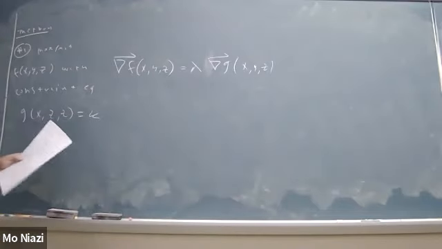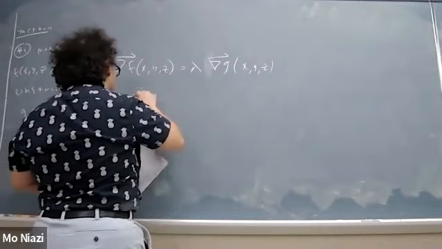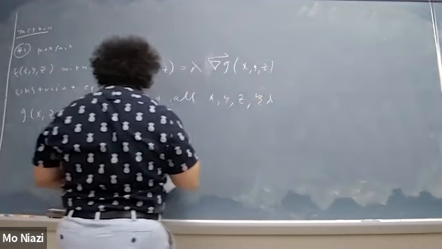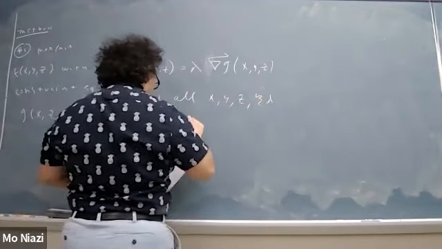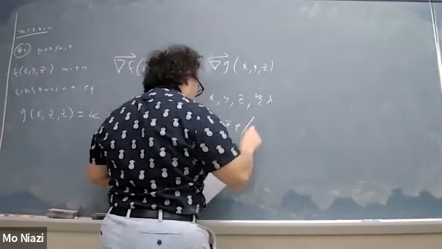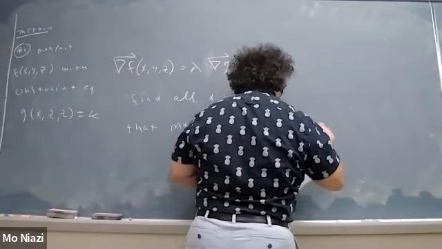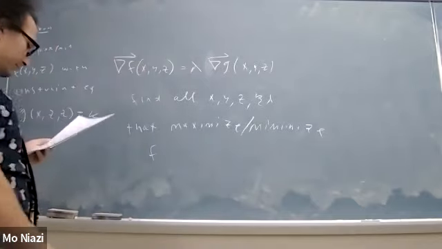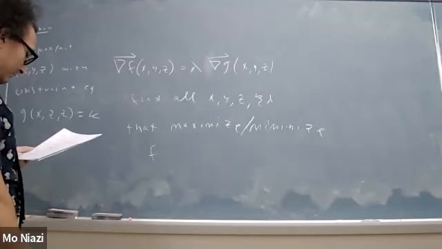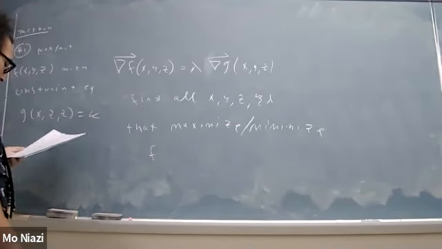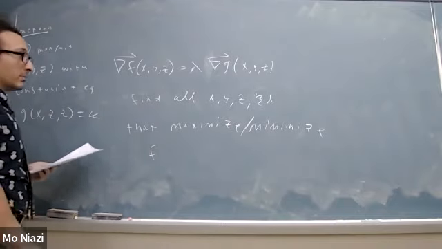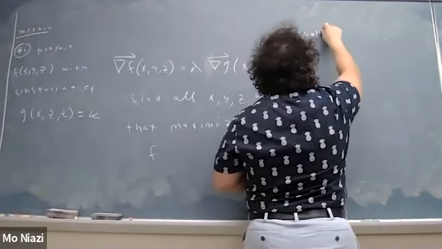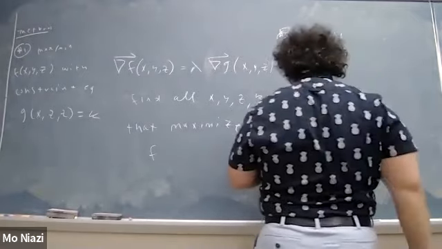All right. When we do that, we are going to find all x, y, z and lambda that maximize or minimize f. Step 2 is once we find them, evaluate.